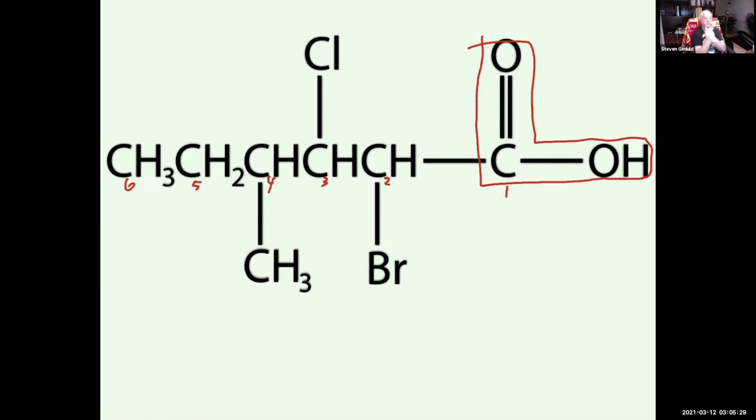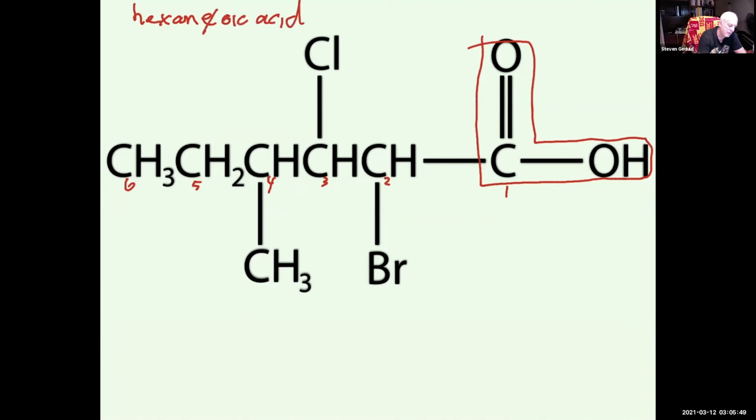All right, 6 carbons is hexane. It is a carboxylic acid. So we drop the E, add oic, oic acid.